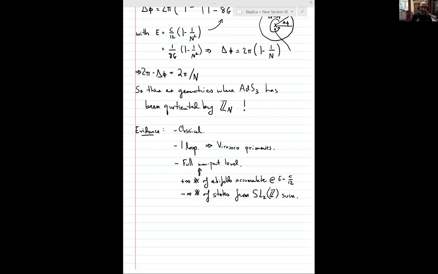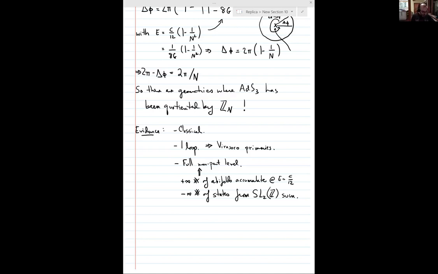But at the end of the day, you get a sum of an infinite number of geometries where the sum over these orbifold states is canceling against a minus infinity that's coming from an infinite number of instantons. And they're conspiring in such a way as to give you a finite answer. Okay. So this may be some indication that this is something to take seriously.